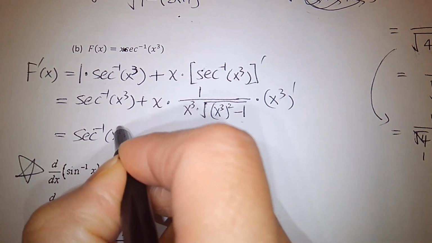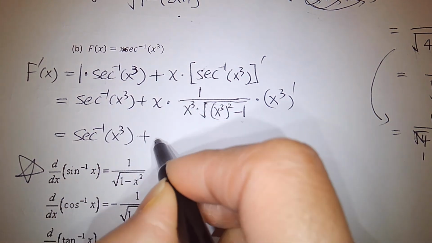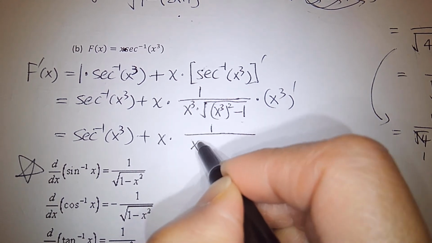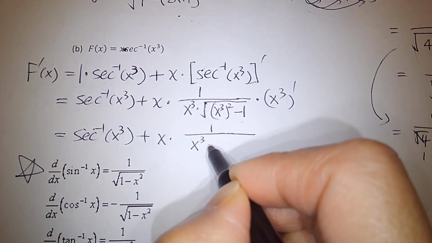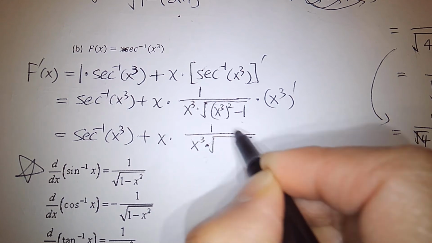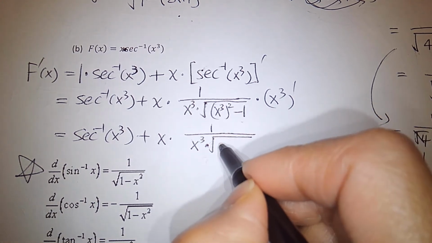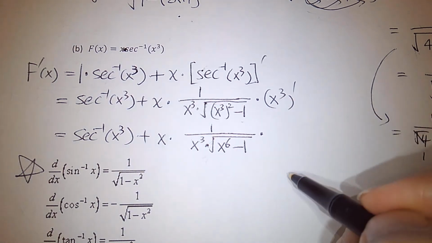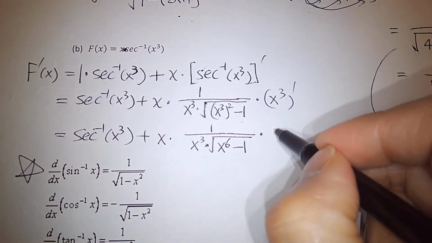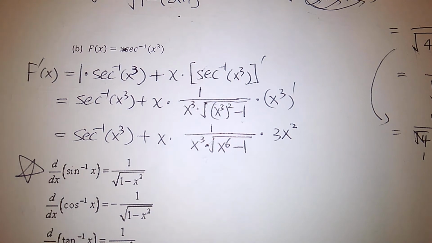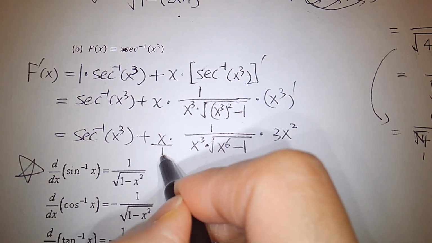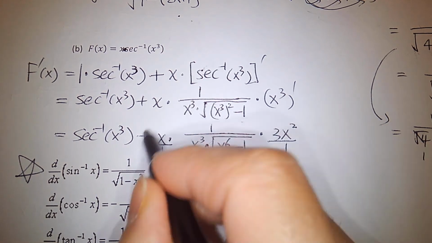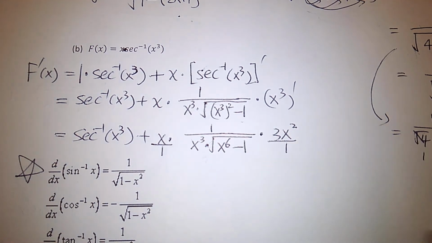So inverse secant of x cubed plus x times 1 over x cubed times the square root of x cubed squared minus 1, times the derivative of x cubed, which is 3x squared over 1. This is the entire term.